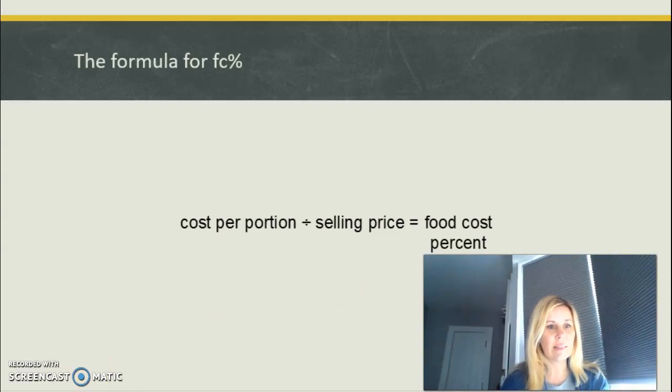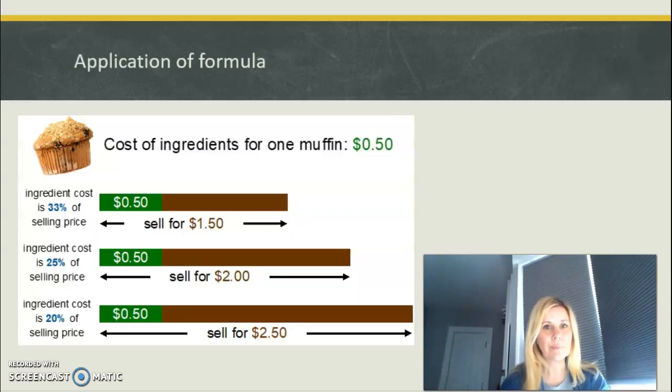The next thing that we need to talk about is how to apply this formula. So let's look at a physical item like a muffin. Let's say that this muffin costs us, on a recipe costing form, 50 cents to make. We will understand that bakery items should run a food cost in the teens or 20s.